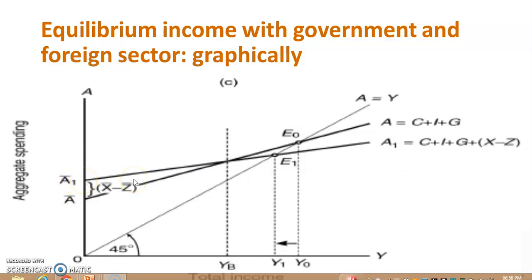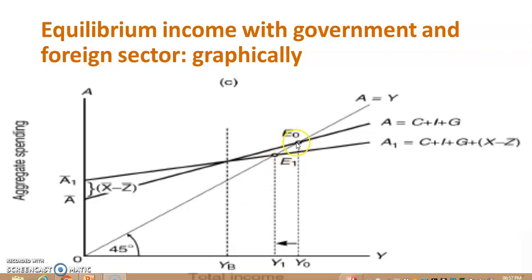The slope of the aggregate spending function becomes smaller than before. You can see that this slope of the new aggregate spending function A1 has become flatter since leakages increase as income increases. The new aggregate spending function intersects the previous aggregate spending function at YB, that is where net exports X minus Z is equal to 0.